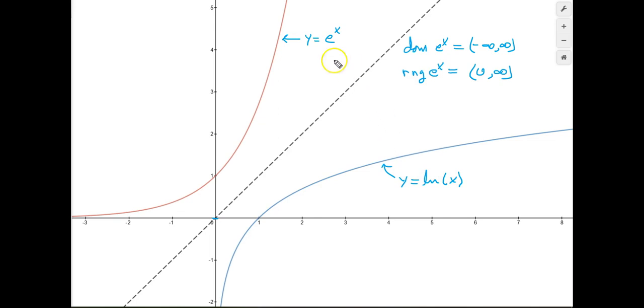You'll also notice that e to the x has a horizontal asymptote at y equals 0. It never actually crosses the x-axis here, and it gets infinitely close to the x-axis, but it never actually touches it. So y equals 0 is a horizontal asymptote, and that's because x equaling 0 is a vertical asymptote for the ln function.